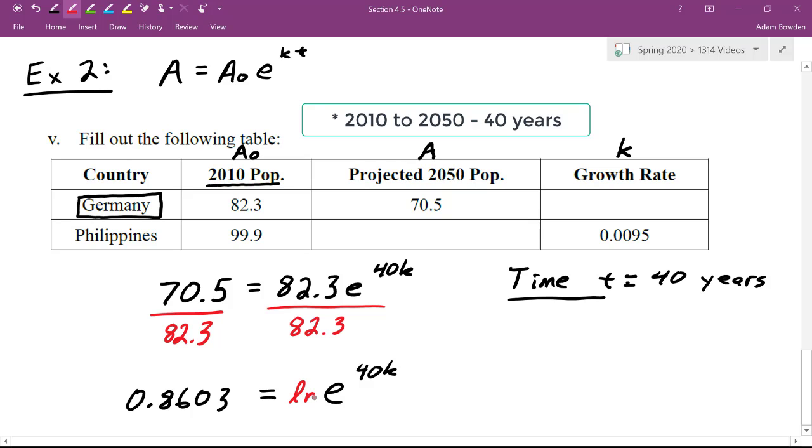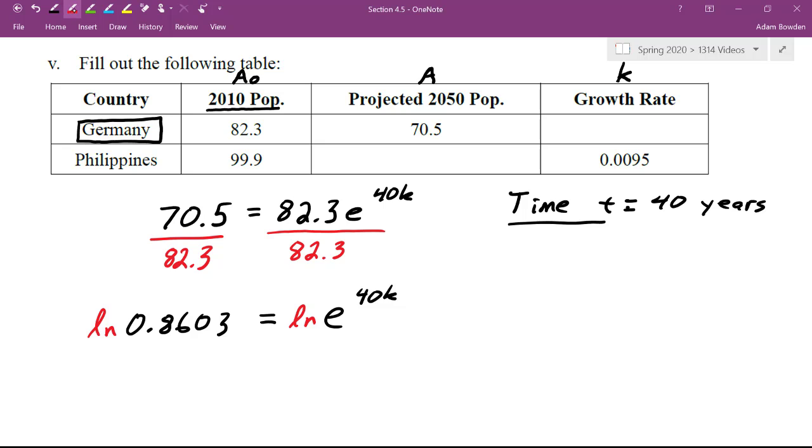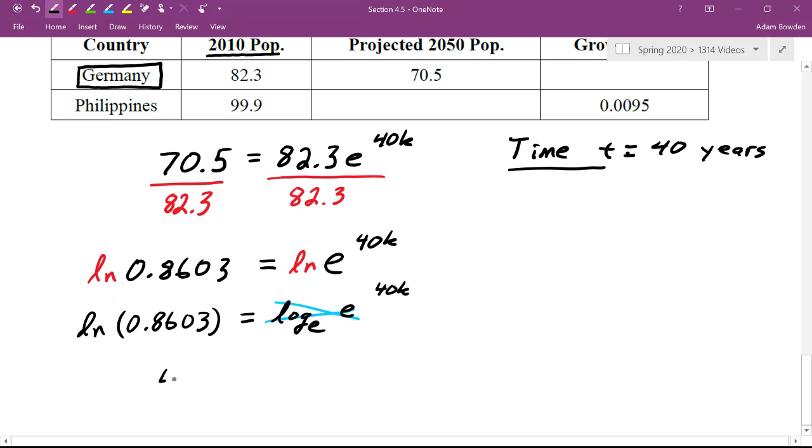Now if I take the natural log and put that on both sides, we have ln of 0.8603, and again ln is log base e, so that's going to cancel out with e here. And so we're going to just have 40k equals ln of 0.8603.